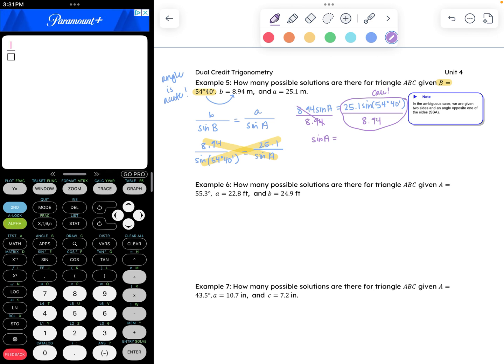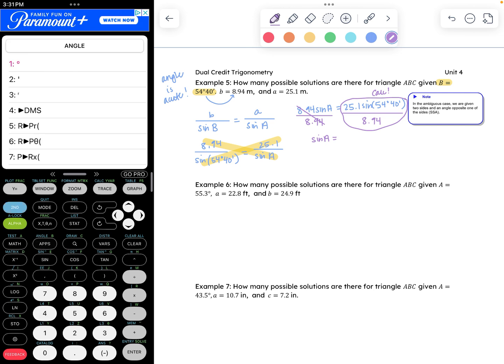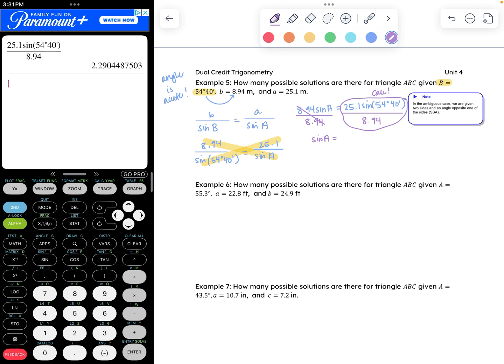Got a fraction, 25.1 sine of 54 degrees 40 minutes over 8.94, and I get 2.29044. 2.29044 is greater than 1.